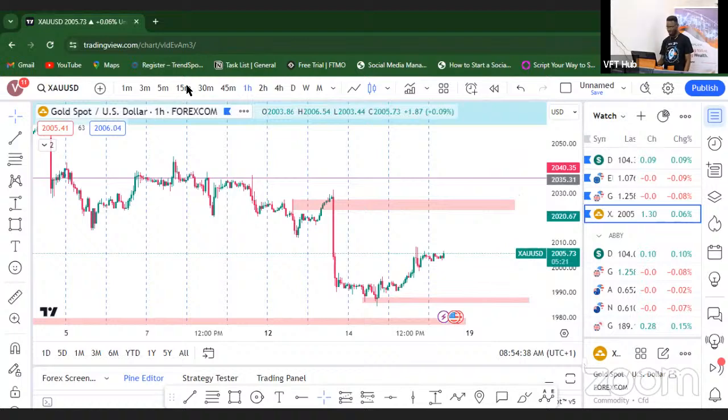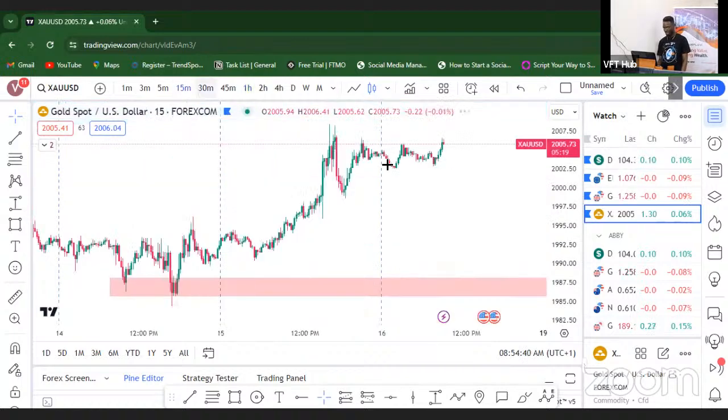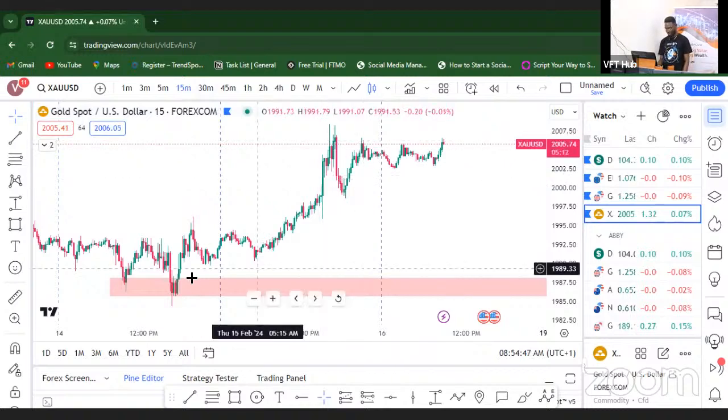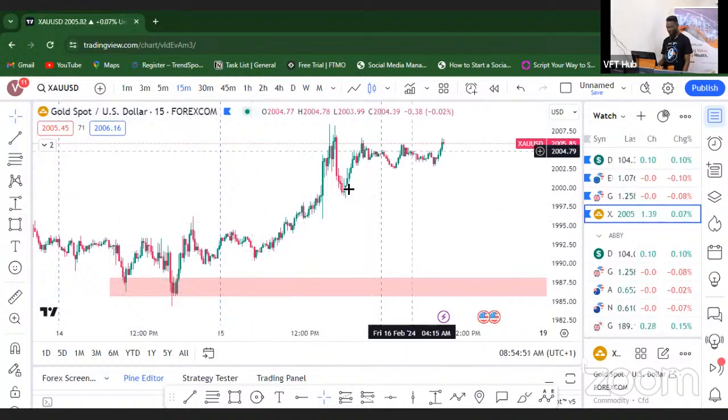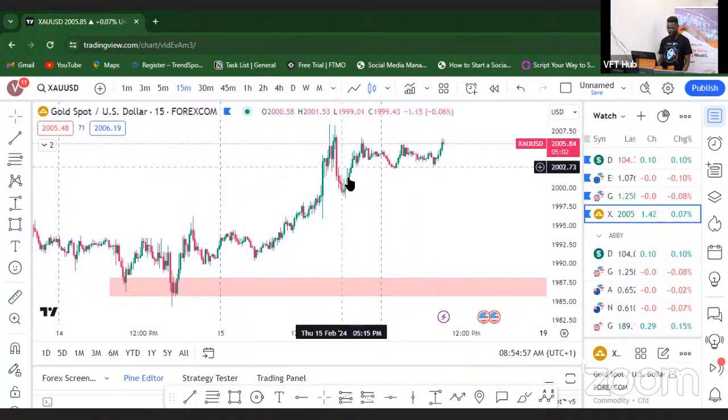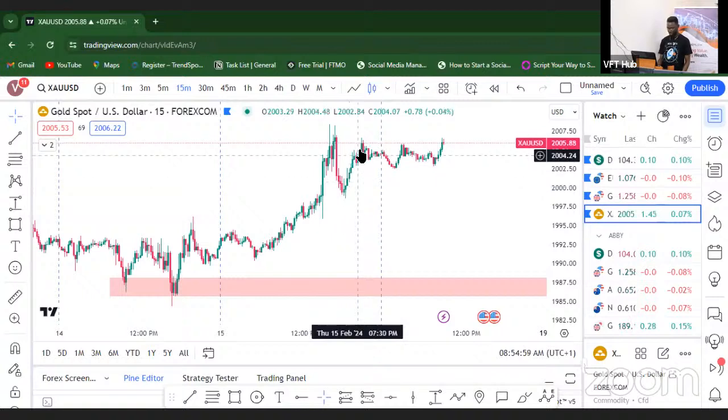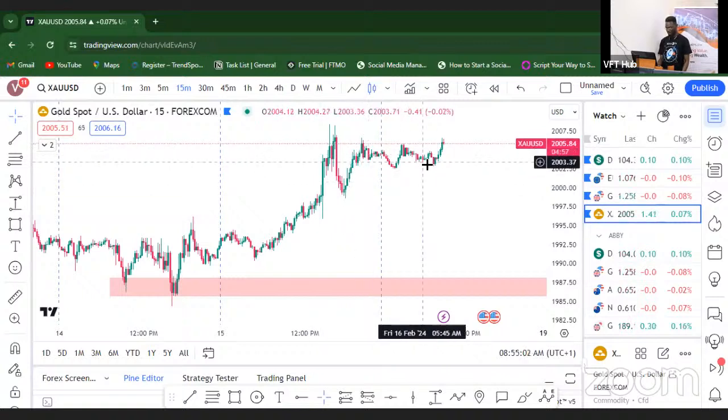Now, looking at it on the lower time frame, 15 minutes, to see what exactly we are looking at in the market. Right now, on the 15-minute time frame, the market is forming what some people would call a bullish flag, which is still giving us a move to the upside. However, we saw some level of break around this level, and price came back there, couldn't hold it, and is just trading in between here.